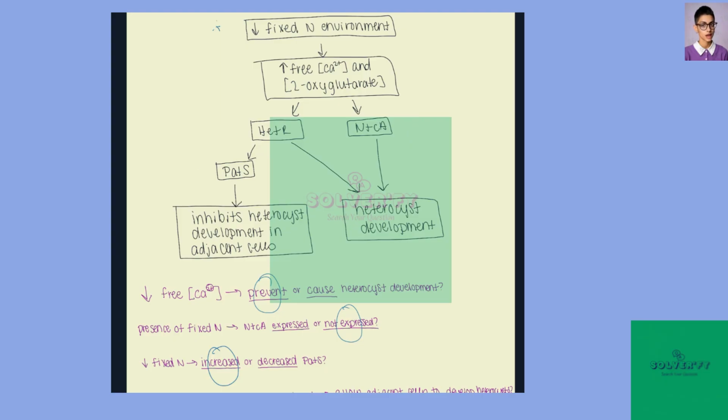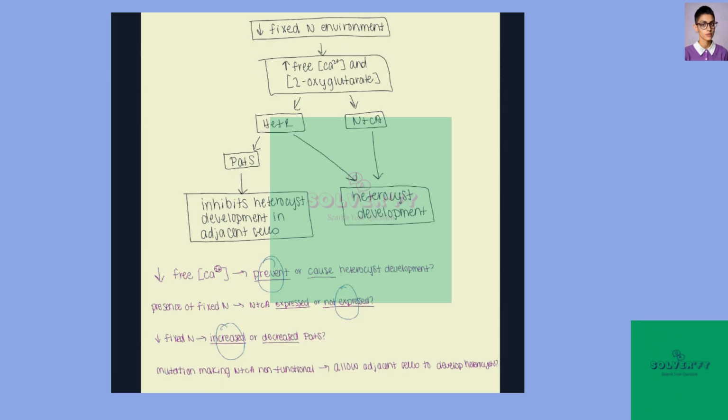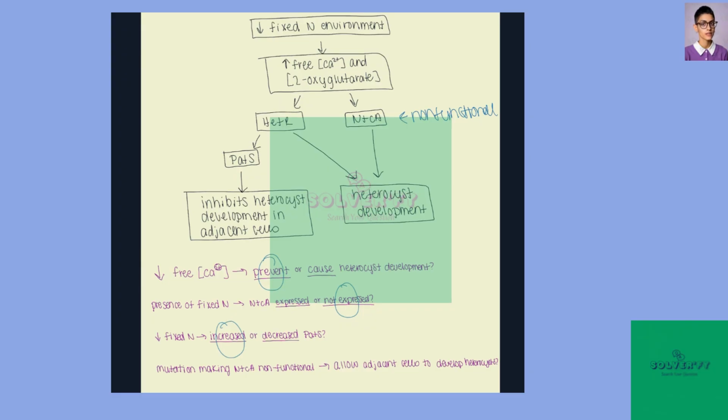And then for our last example, this is going to ask if you have a mutation making NTCA non-functional, would this allow adjacent cells to develop into heterocysts? Well, we know NTCA is going to cause heterocyst development.